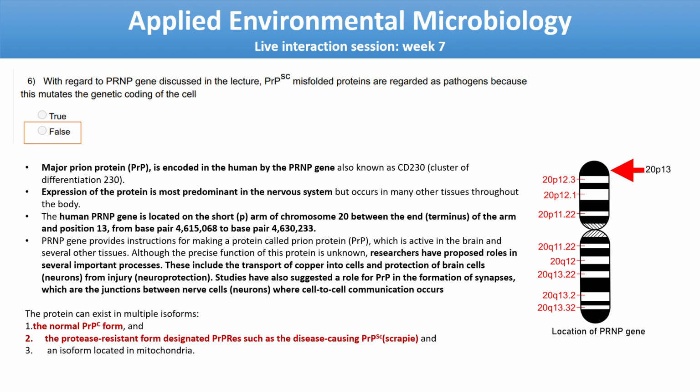One is the normal form, coded as PrPC, and another is a protease resistant, disease causing protein, that is PrPSc, where Sc stands for scrapie, and another is an isoform that is located in the mitochondria. Now let us learn what is the difference between PrPC and PrPSc, that is the diseased form.